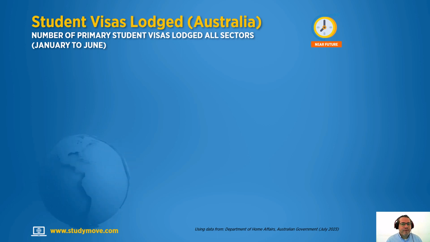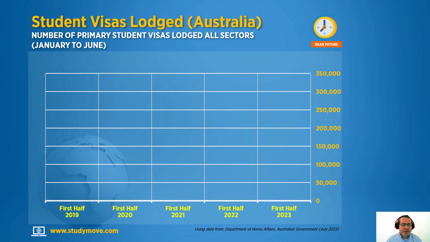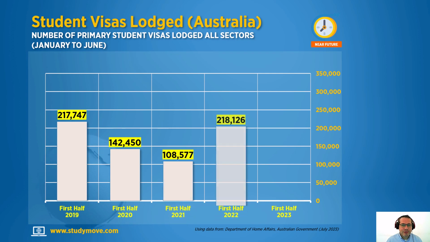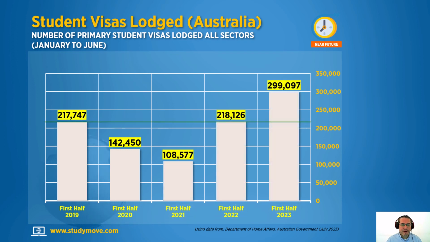We look carefully at this metric, semester versus semester, month by month, quarter by quarter. In pretty much any comparison you make nowadays, the number of student visas lodged is up. What you see on the screen is the amount of visas lodged in the first half of the year, a lot of which will most likely go to the second half of the year, and some even to 2024.